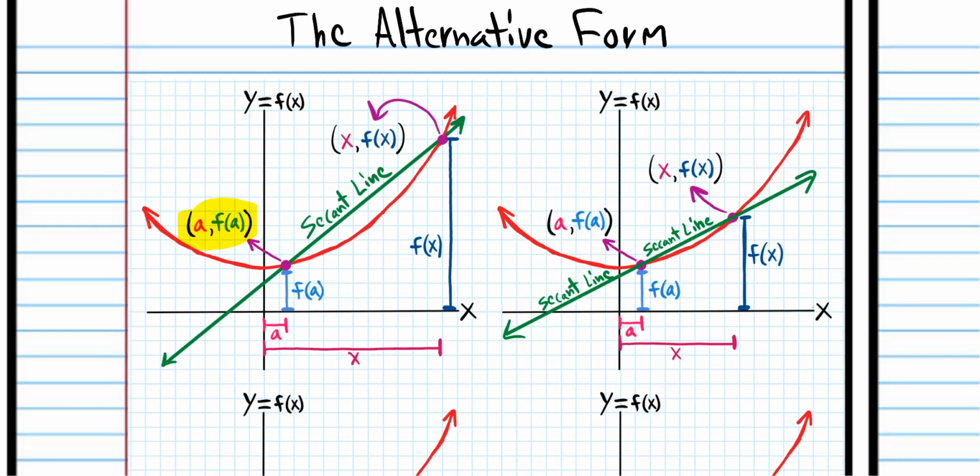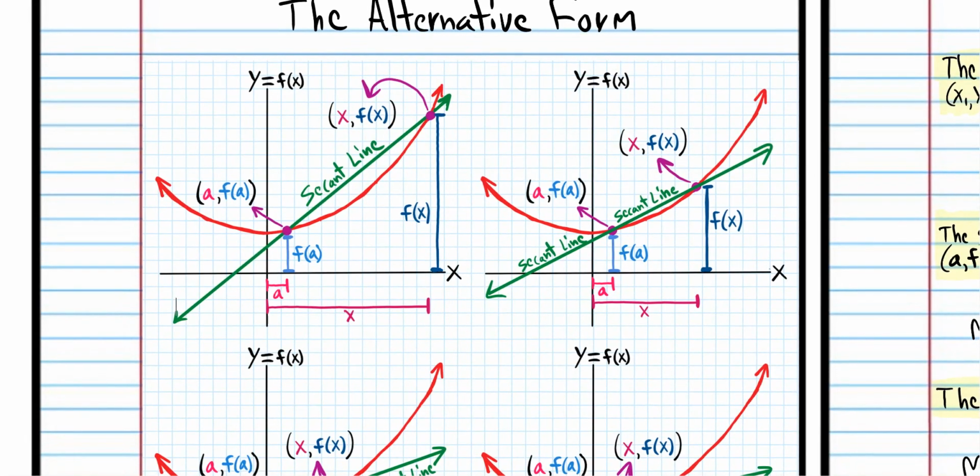A is a letter that represents a constant. X is a variable. We can change x, but a is constant. We can't change it. We're assuming that that's a constant. So we know the coordinates of this point, and we're trying to find the derivative of the function at that point, the instantaneous rate of change.